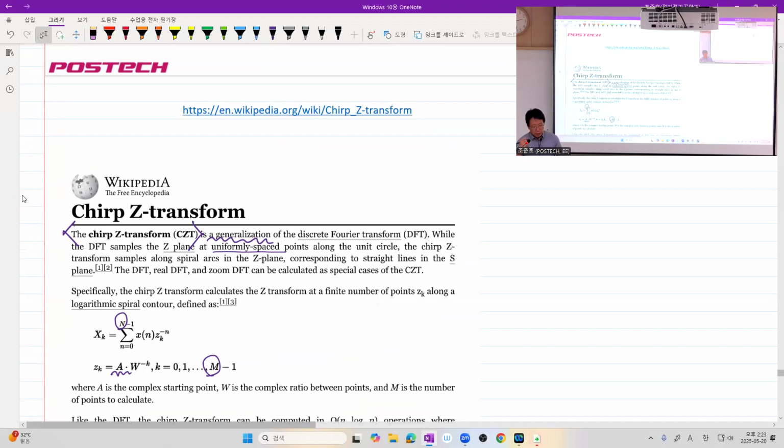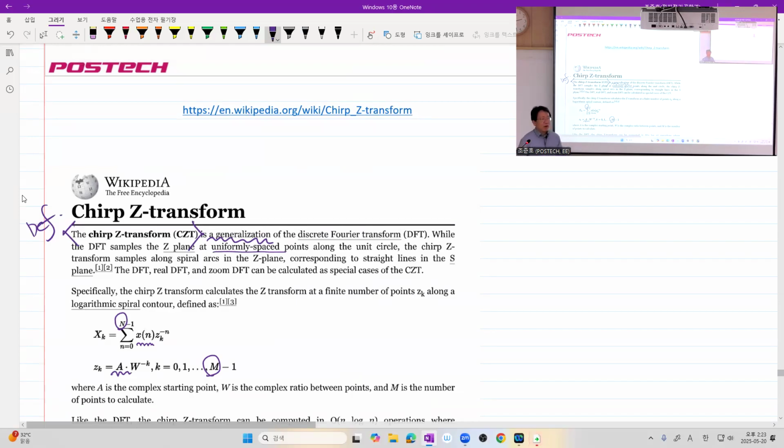So first, we want to define the so-called chirp Z transform of what? Of a discrete time signal x. Here, Wikipedia uses parentheses instead of square brackets to enclose the time index n, but you know what it means.